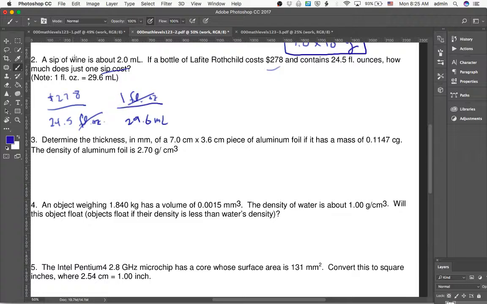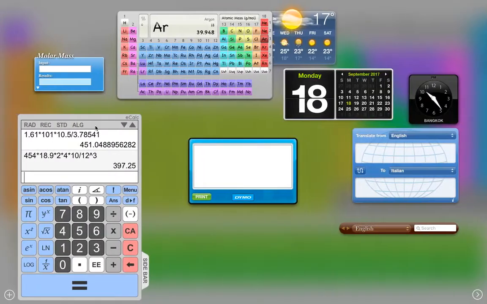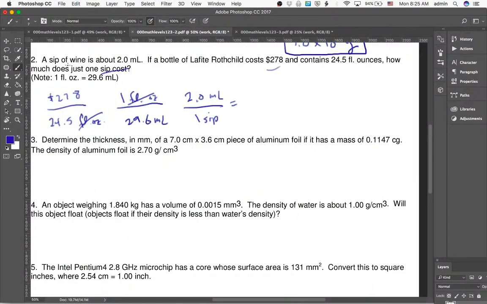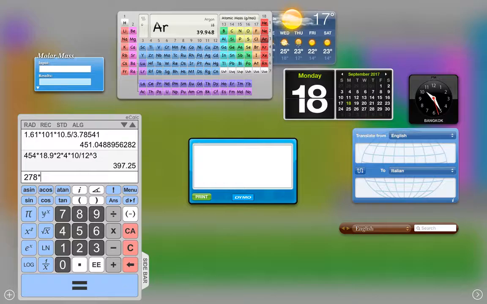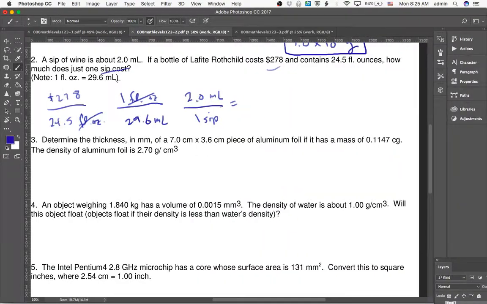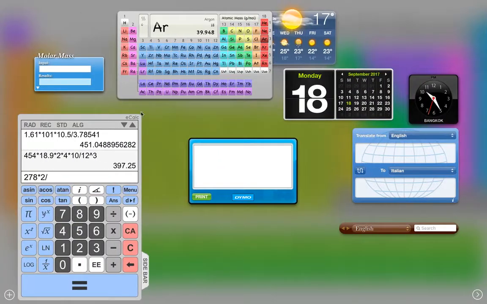Now a sip of wine is 2 milliliters. 2 milliliters is 1 sip. You don't really have to put sip, but you'll see in a moment why that is. 278 times 2 divided by 24.5 divided by 29.6.